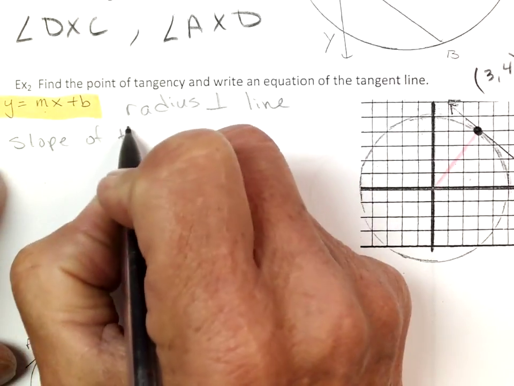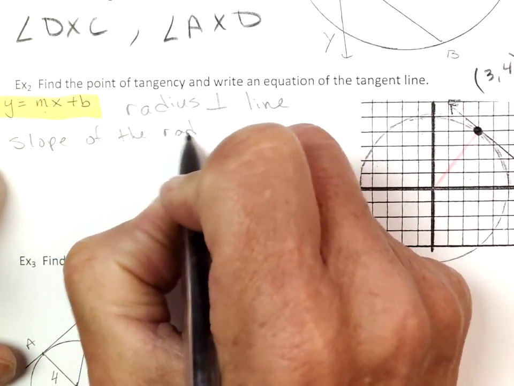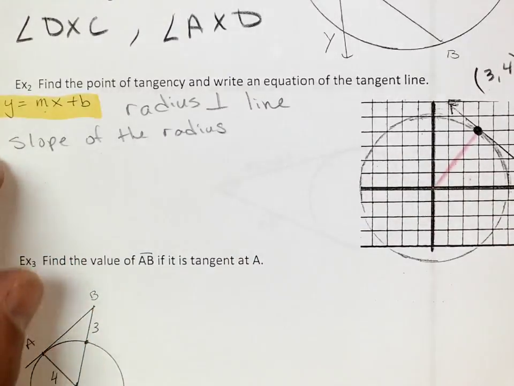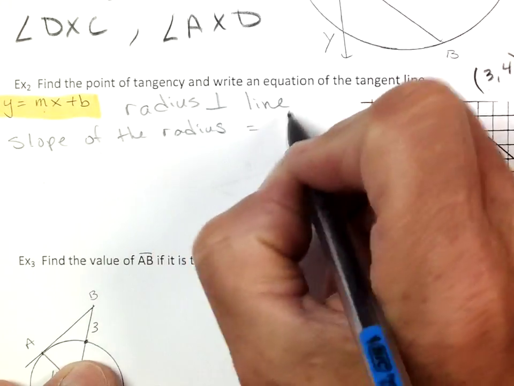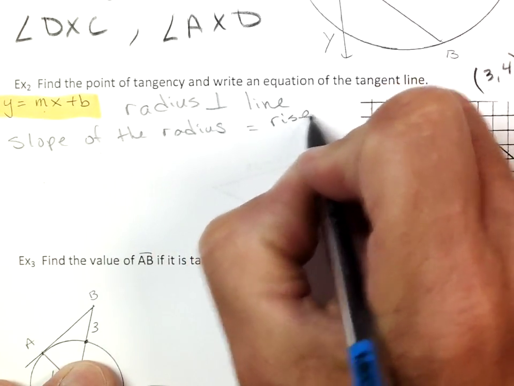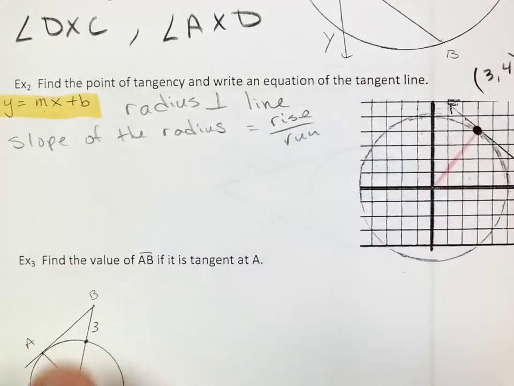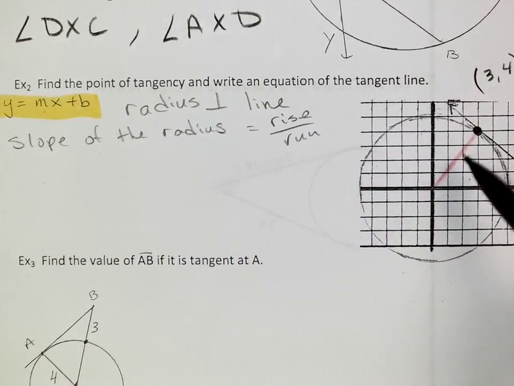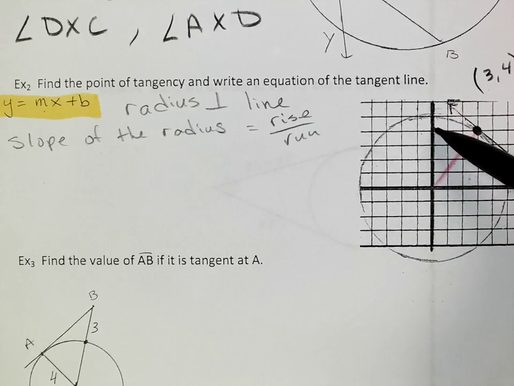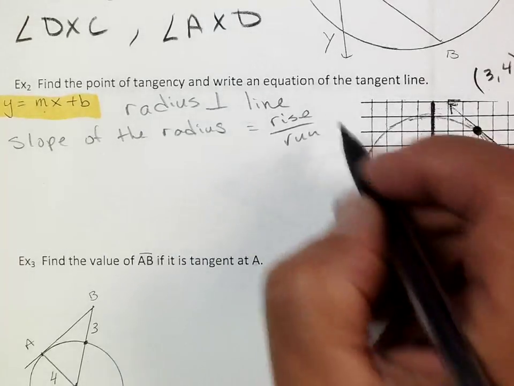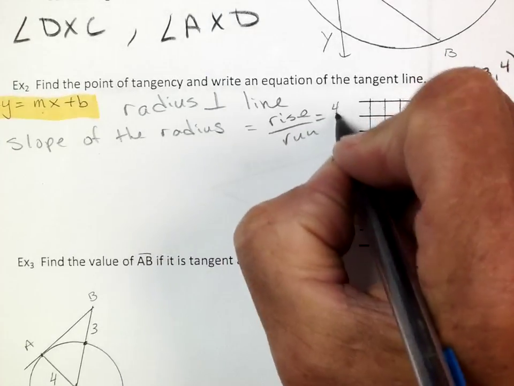Now we learned some time ago that slope is rise over run, right? So the slope of the radius is, let's see, 1, 2, 3, 4, up 4, 1, 2, 3.